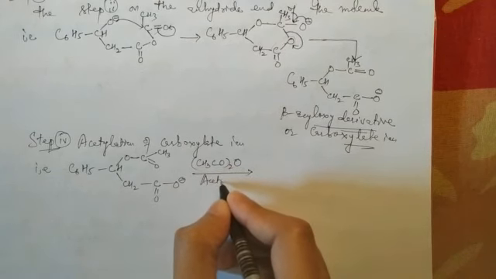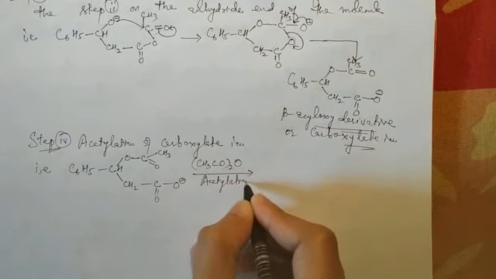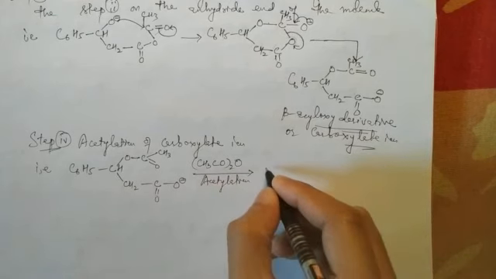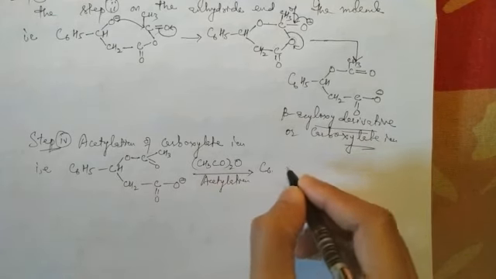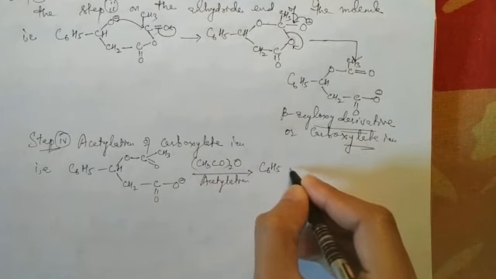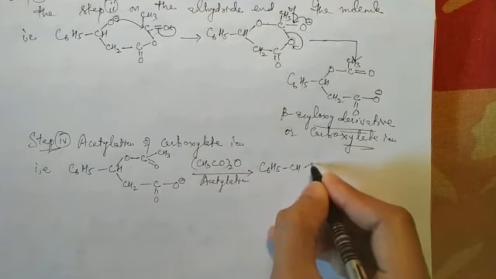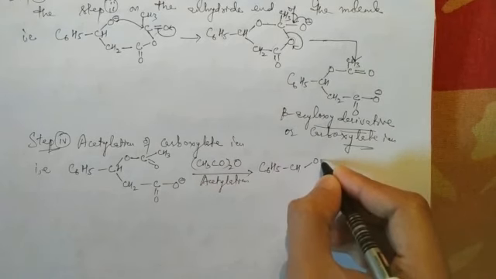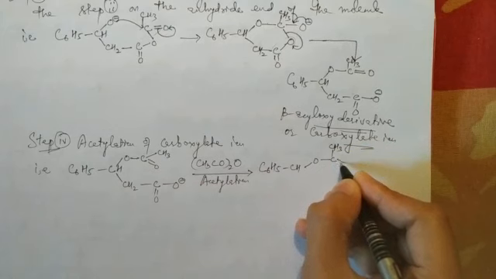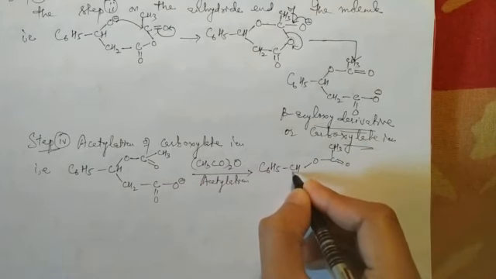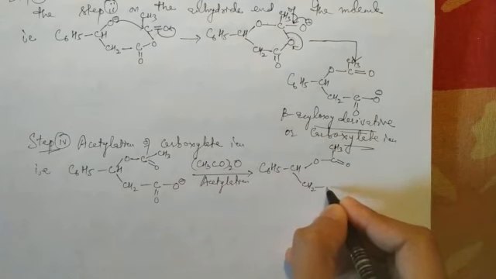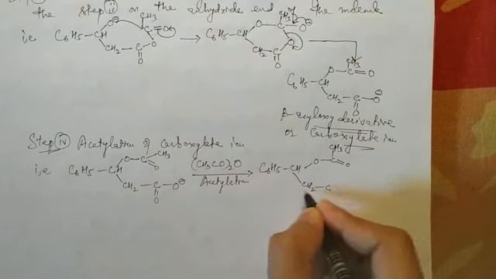So simply acetylation, and we will get this sort of structure: CH3C double bond O, connected to this methylene group of this part.